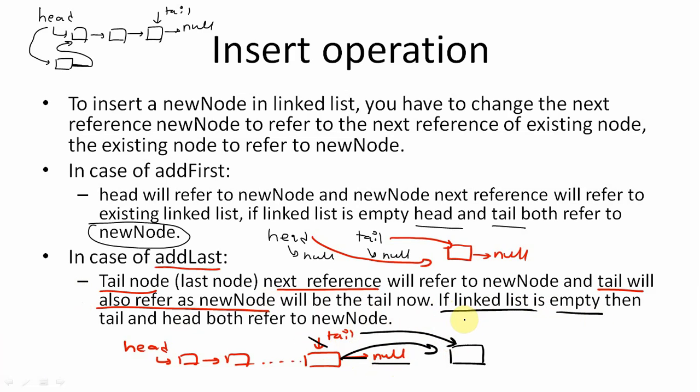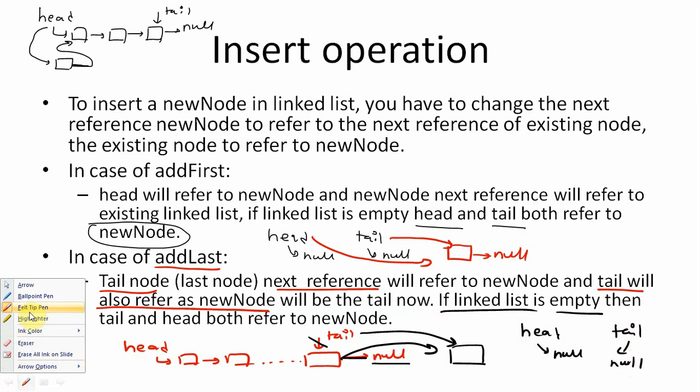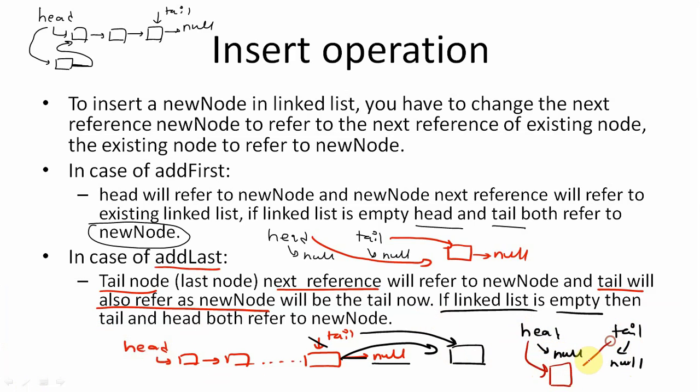Linked list is empty means there is no node. So now head is referring to null, and tail is also referring to null. And if I want to add a new node in this linked list, I have to let the head refer to this new node and the tail refer to the new node.